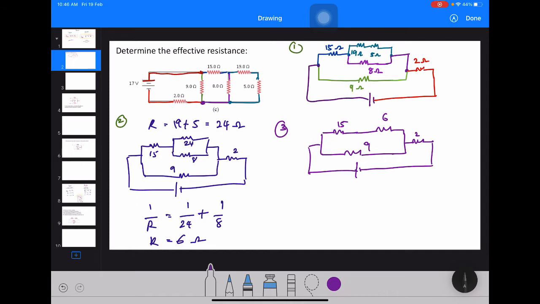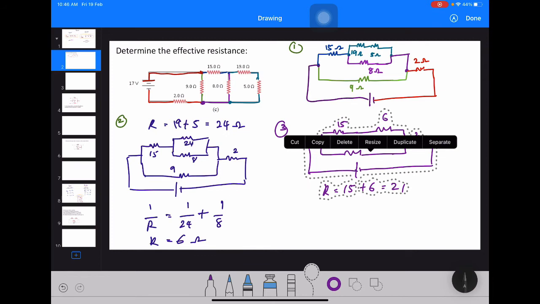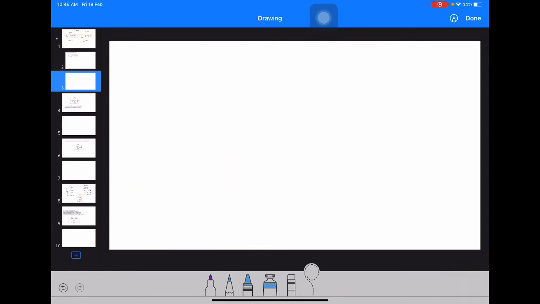Okay, now 15 and 6 tu paling senang nak solve, so I can combine that one, it becomes 21. So R equals to 15 plus 6, which is 21. Okay, I'm gonna take this one, I'm gonna bring it to the other side.